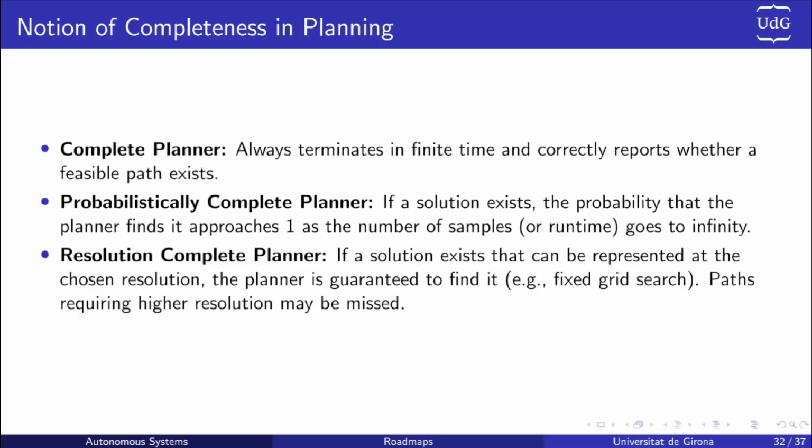Then we will not find a solution, but not because there is no solution. It's because of the resolution that we are using. So if a solution exists that can be represented at the chosen resolution, the planner guarantees to find it. However, it may happen that there are paths that require higher resolution and that we miss this path.